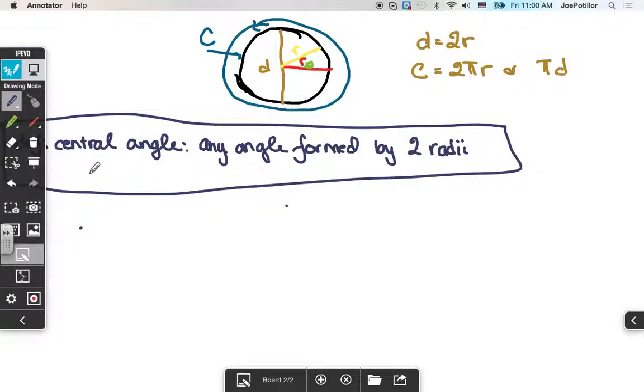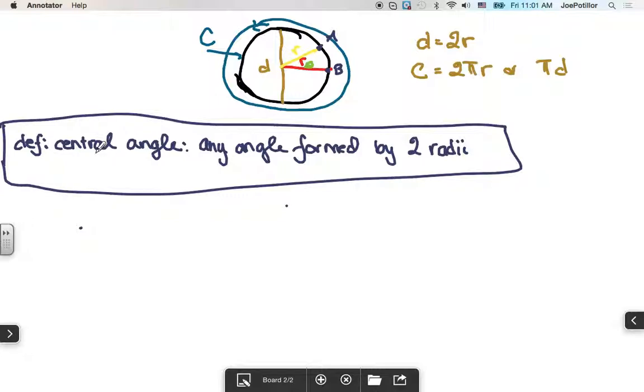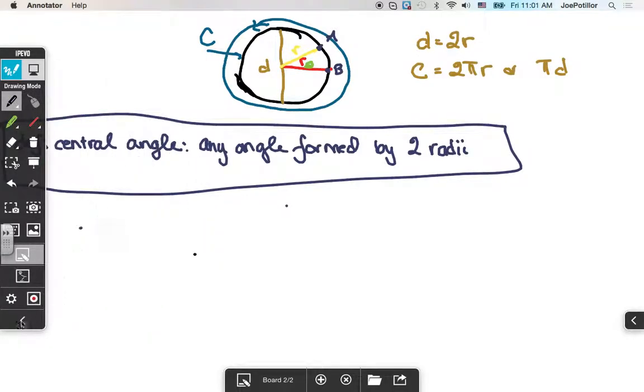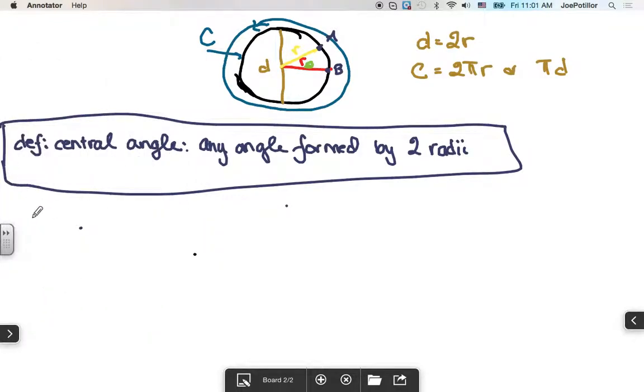Right. We can call this point A, we can call this point B, just for purposes of naming. So in our picture, in this situation, angle theta is the central angle.